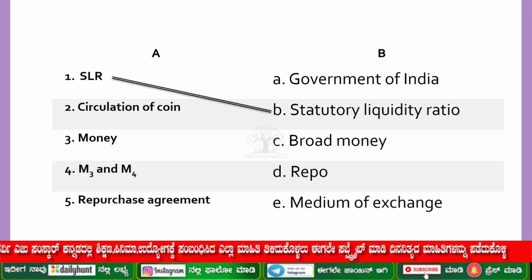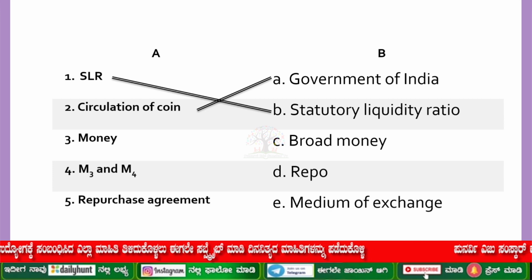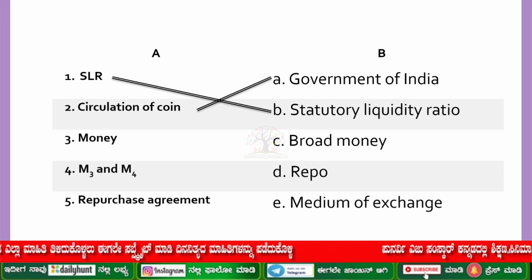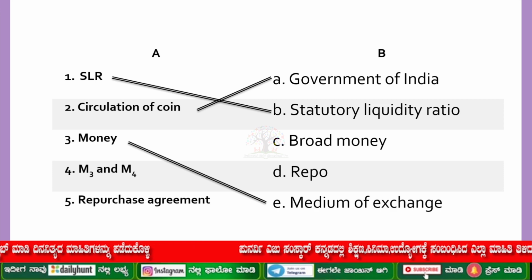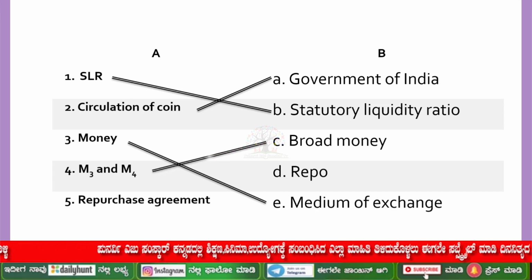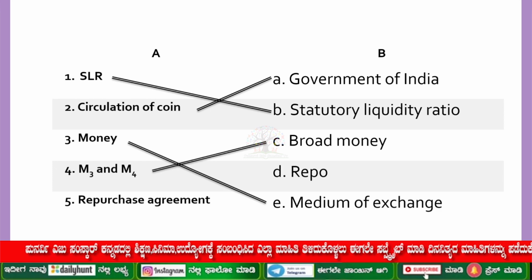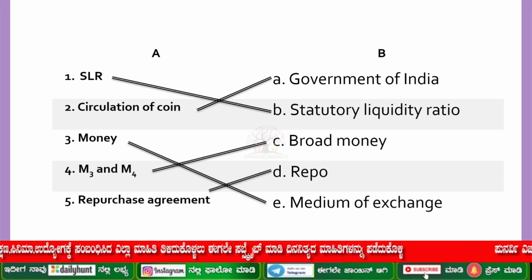Circulation of coins by Government of India. Money, the main function of money is medium of exchange. M3, M4 are good examples of broad money. Repurchase agreement, we call repo.